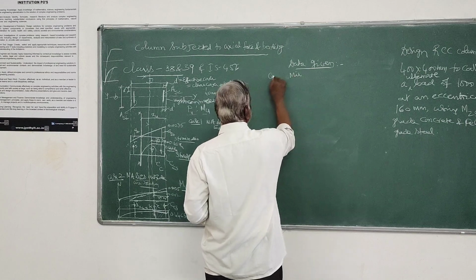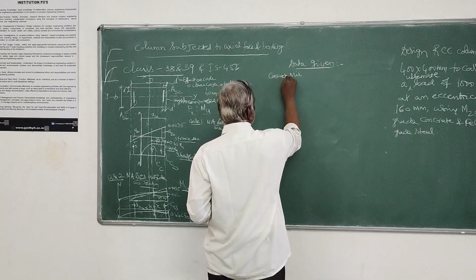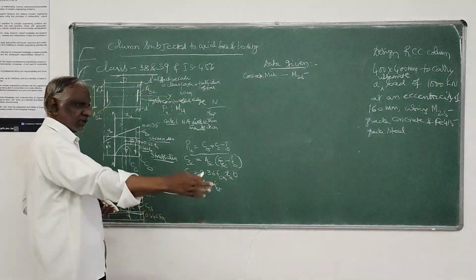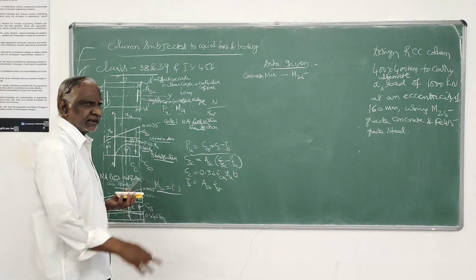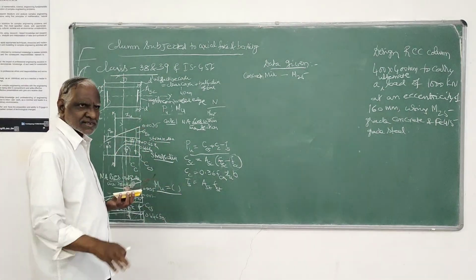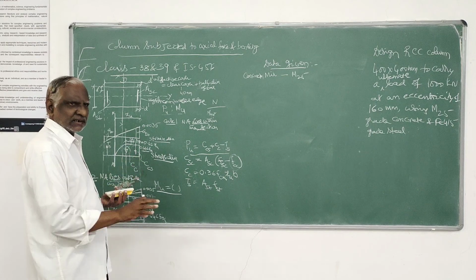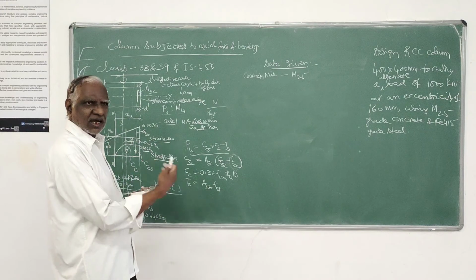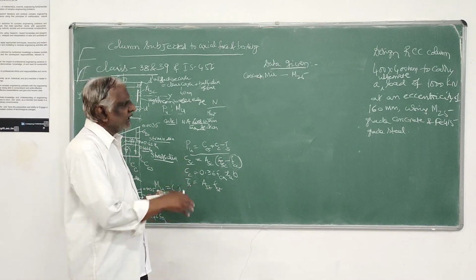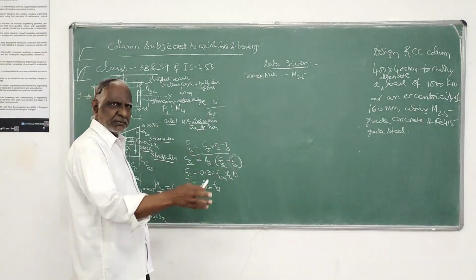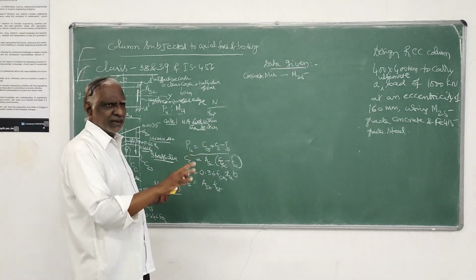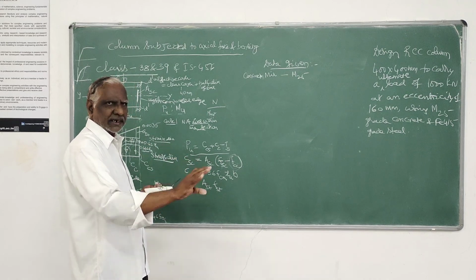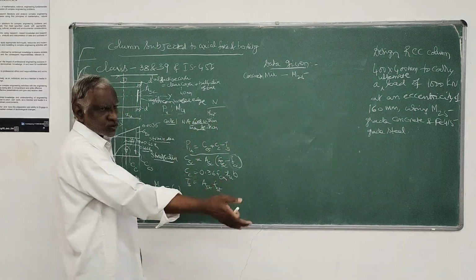Concrete mix, M25. It doesn't matter much, I told you. This particular standard interaction chart has been developed only for M20 mix. Mix doesn't make much difference in calculation, because this FCK value is almost negligible. You can take these charts for M15, M20, M25, M30 ordinary concrete mixes.